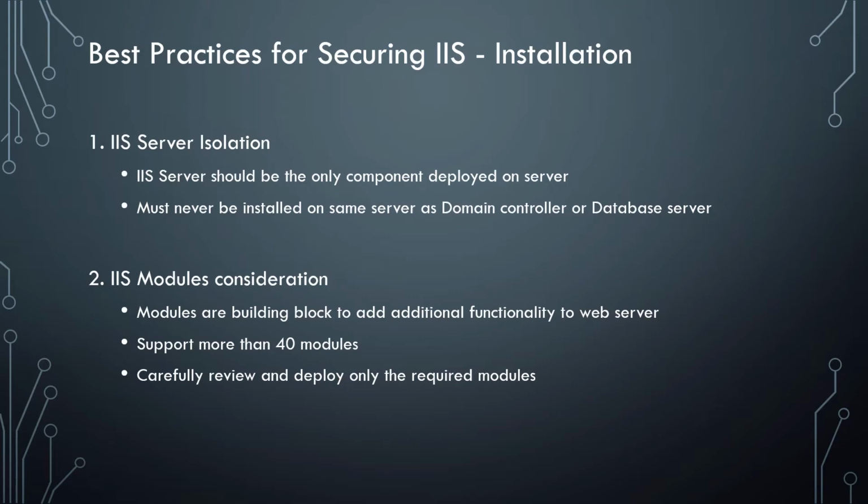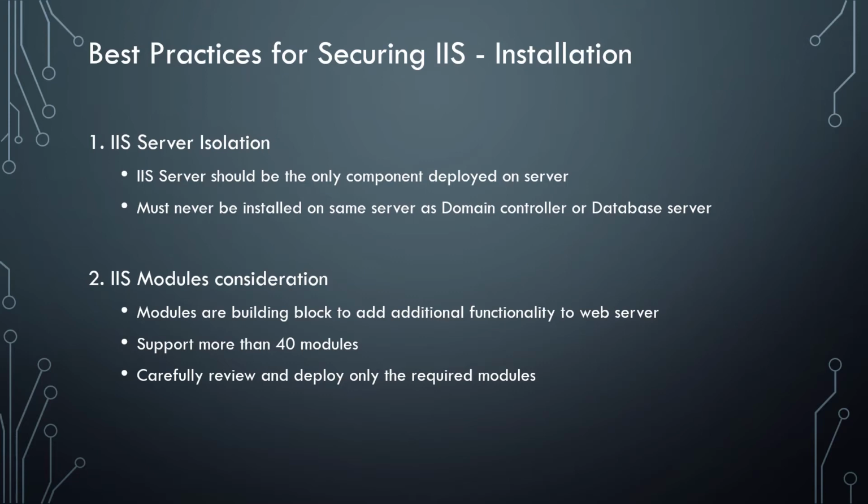Next is the IIS modules consideration. Modules in IIS are a set of building blocks to add desired functionality to the web server. Using this modular approach, third-party applications and technology can be hosted on IIS server, for example, PHP and WordPress support. The latest version of IIS supports more than 40 different modules.